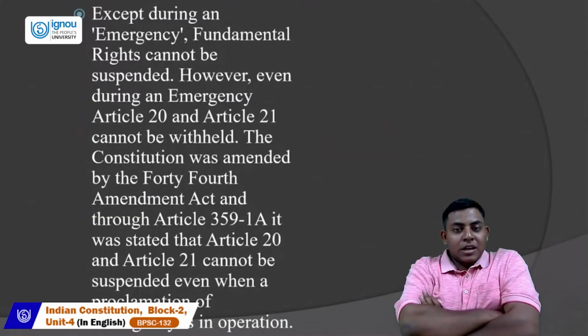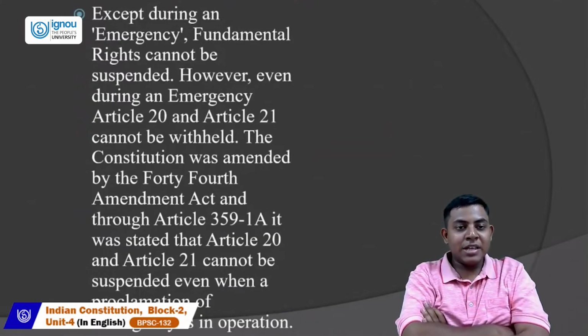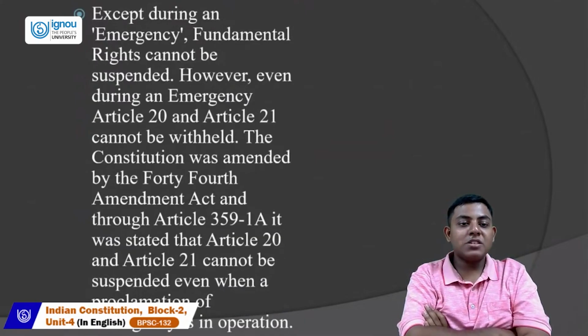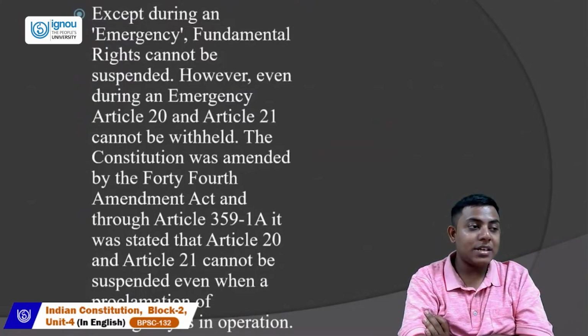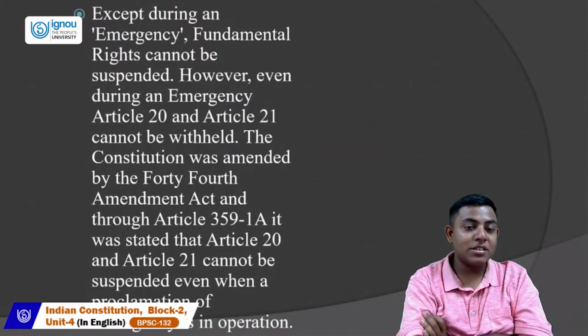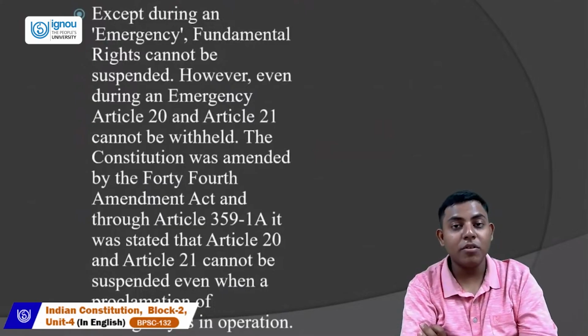So all these things are there in the fundamental rights, and except during emergency, fundamental rights cannot be suspended. And in the Constitution, Article 359 says that during emergency, the fundamental rights shall be suspended. Article 358 says that provisions of Article 19 shall be suspended during an emergency which is enforced.